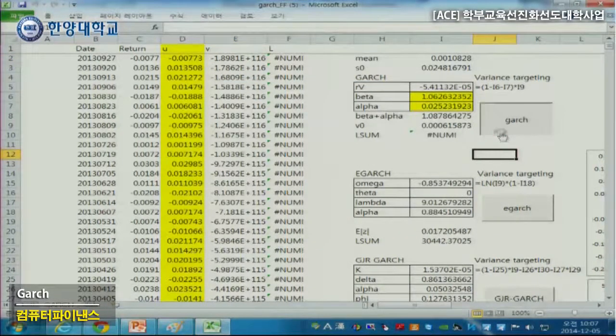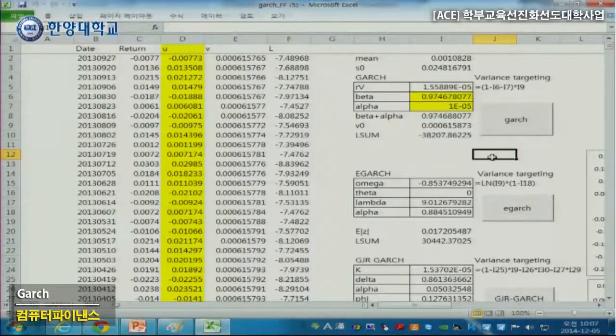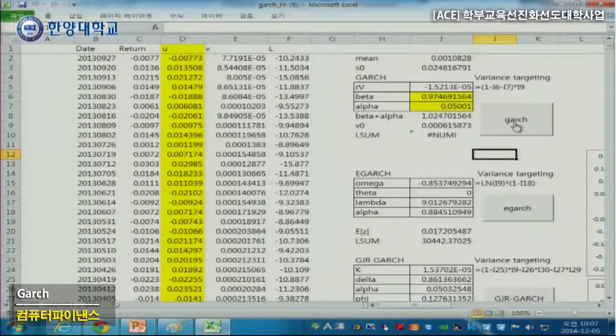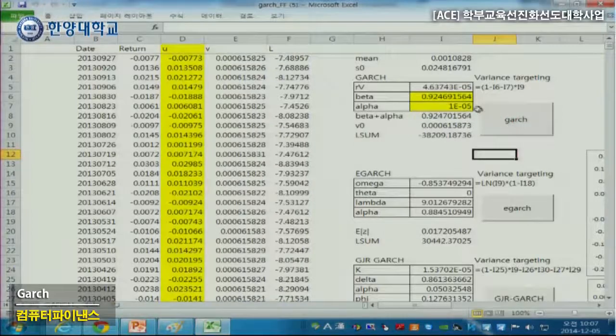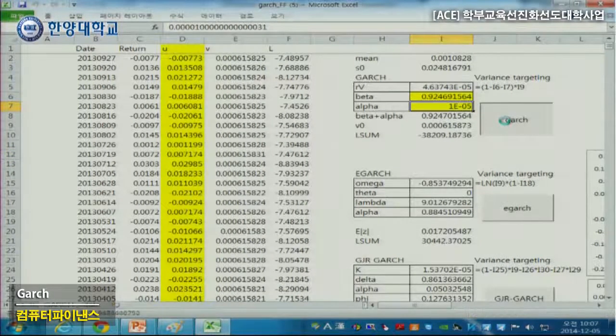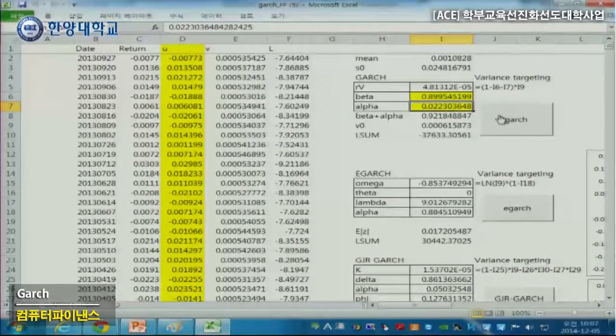Well, I developed a code, so let's run this one. Okay, well, this is different from the previous answer. Wow, what's wrong with this? Whenever I run it, it looks different.